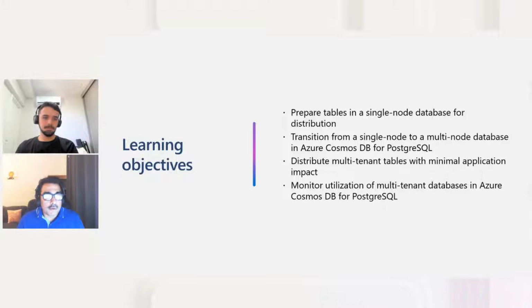Next slide, Lucas. So over here, in terms of the learning objectives, just to give you a background, we are going to be covering how we can leverage Azure Cosmos DB for PostgreSQL for SaaS applications. The scenario here is that currently the application is deployed on a single node database, and the underlying database is PostgreSQL.